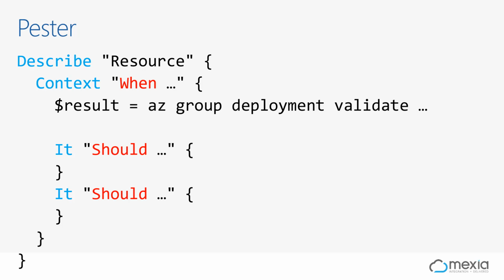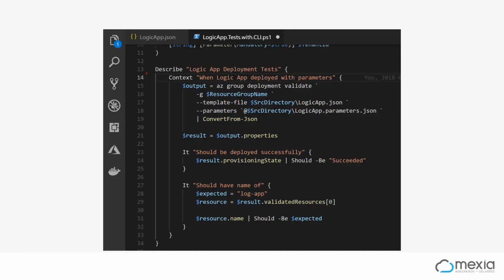So with this, we can easily verify, after we deploy the ARM template, the results we are expecting. This is the actual test code. Within the context here, we run the ARM template deployment using Azure CLI.